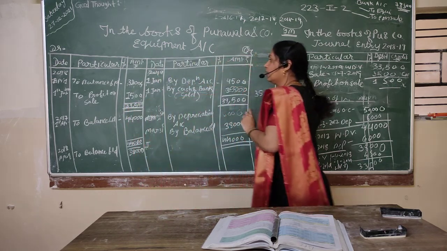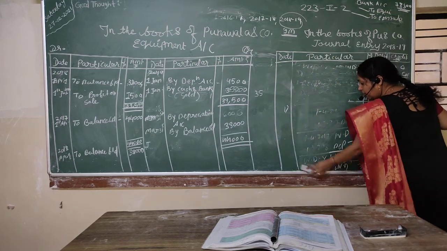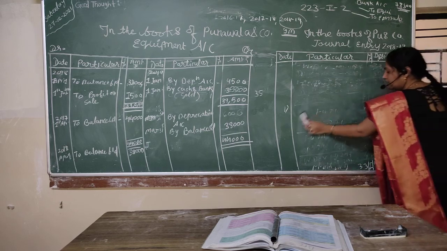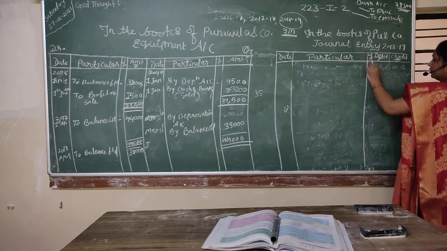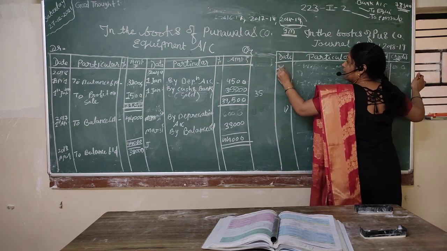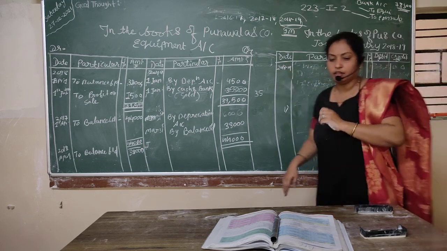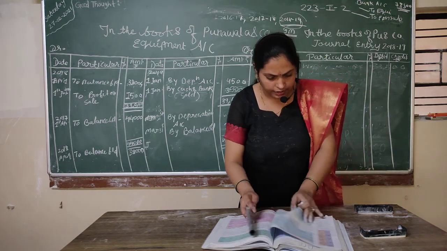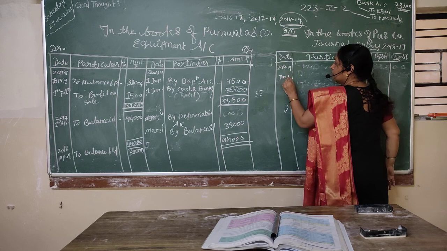Okay students, so now where I was solving the working note, here I will pass the journal entry for the third year. So you can see the third year journal entry. Our third year is 2018-19, in which all the entries are happening on Jan 1st.